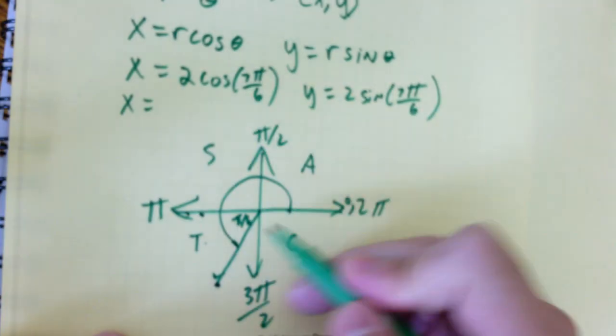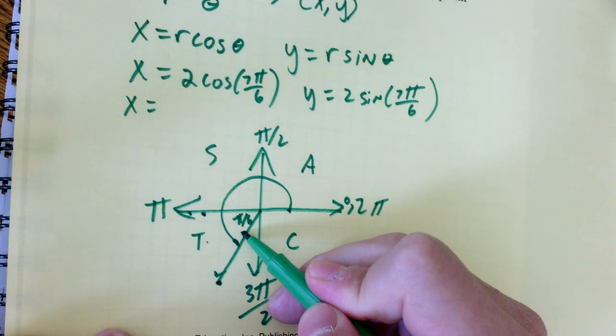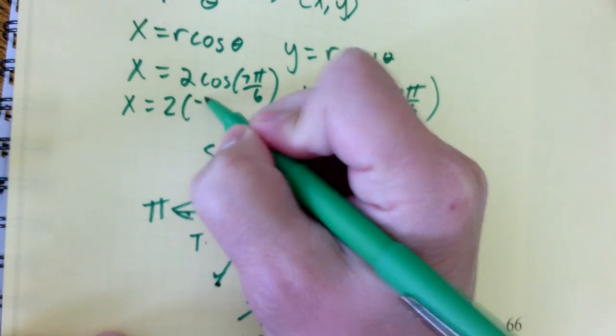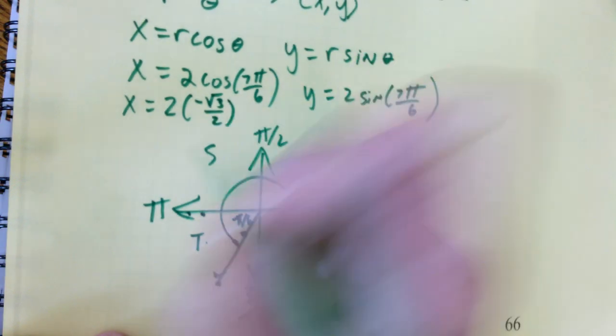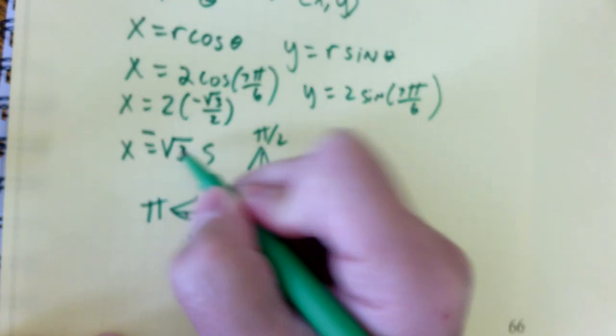And we should know the cosine of that reference angle of pi over 6 or 30 degrees is square root of 3 over 2, but it's negative. So we get the x coordinate to be negative square root of 3.